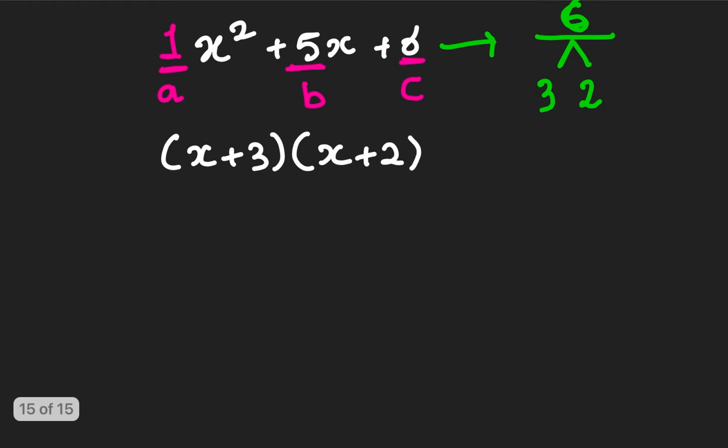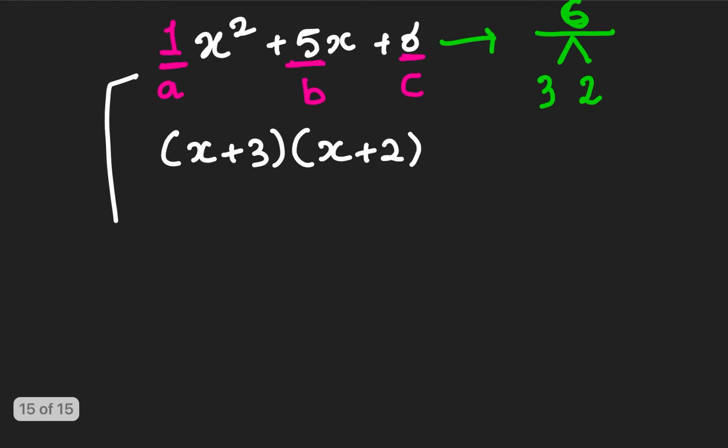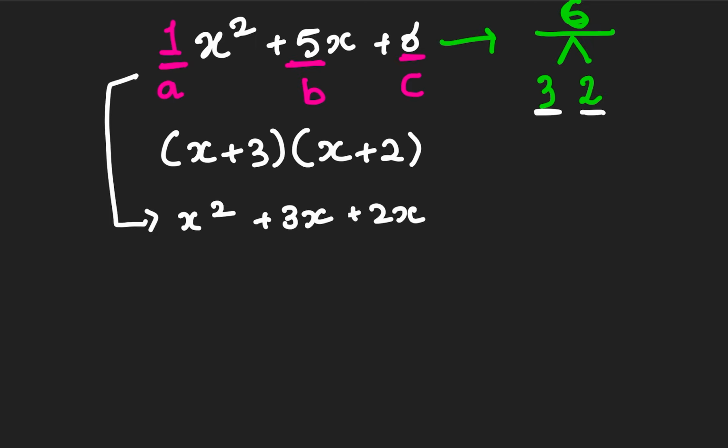Another way we can derive the same thing, though it takes longer, looking at mathematical logic, let's apply it. So we have x squared, and these two numbers that add up, so it's the same thing as 5x, just simplified even more. So x squared plus 3x plus 2x and then plus 6, and from here we can factor it.